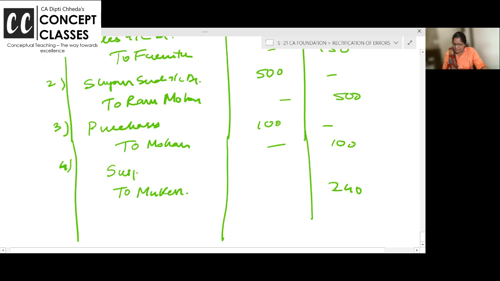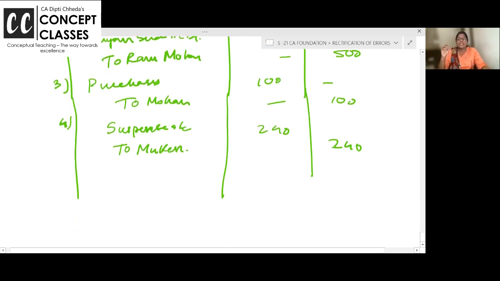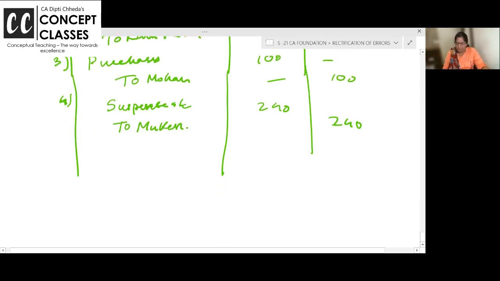And you put it in suspense account. Suspense account if the trial balance is prepared. We are assuming trial balance is prepared. If trial balance is not prepared, this is a one-sided error. Go to Mukesh account, write on the credit side, by wrongly debited. So now credit with double the amount.